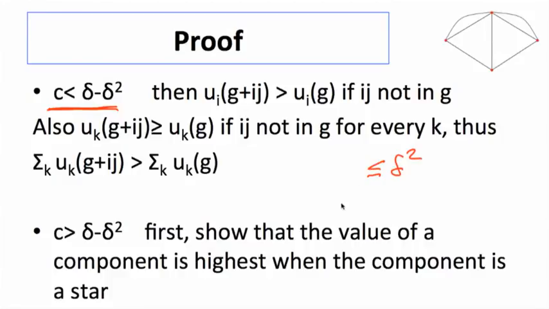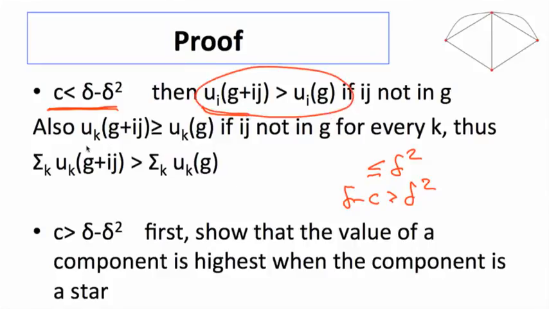And if they add a direct link, they're going to get delta minus C for that relationship, possibly some extra bits too. And if C is less than delta minus delta squared, then delta minus C is bigger than delta squared. And so the value that they're going to get is at least what they got before. And so both of these individuals will be better off, right?